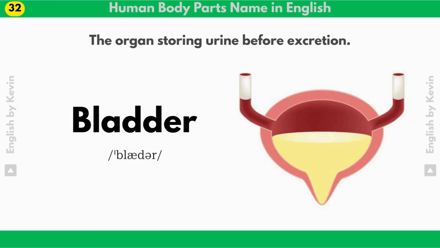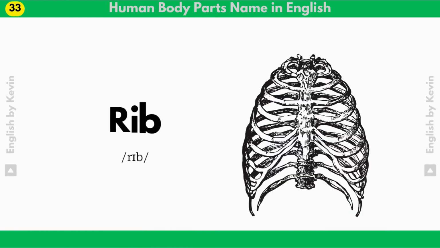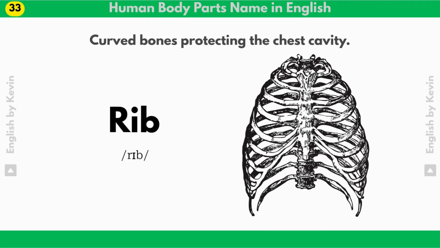The organ storing urine before excretion. Rib. Curved bones protecting the chest cavity.